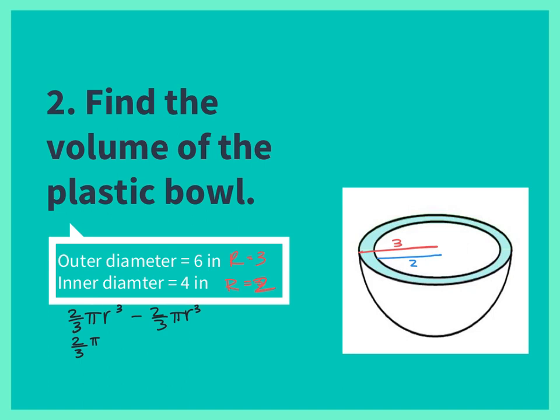Radius of the outer one is 3, so 3 cubed, minus 2/3 pi. Radius of the smaller one is 2, so 2 cubed. Now we just need to do some math. So 3 cubed is 27. So I have 2/3 times 27 times pi minus 2/3, 2 cubed is 8 times pi.